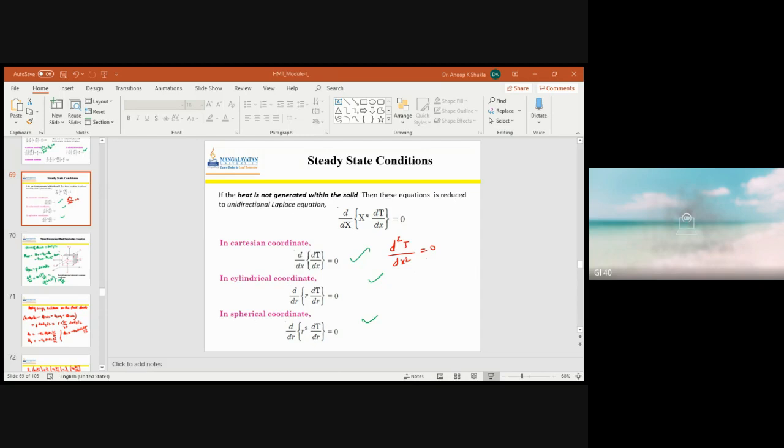Now, simply apply the energy balance and you will get this relation, and ultimately we will get the three-dimensional heat conduction equation. This is the three-dimensional differential equation for unsteady state heat conduction for an anisotropic material.